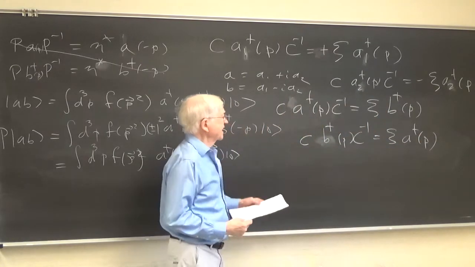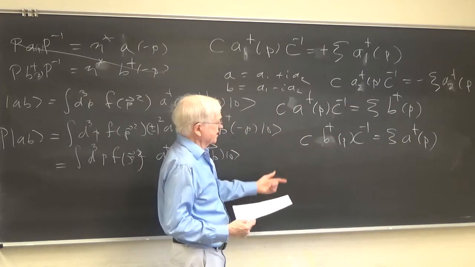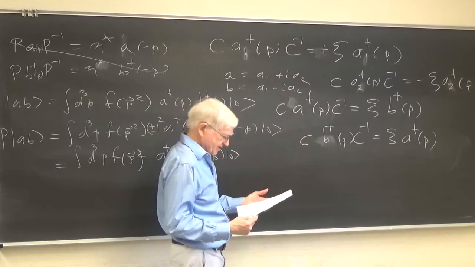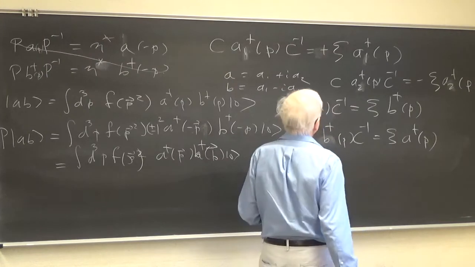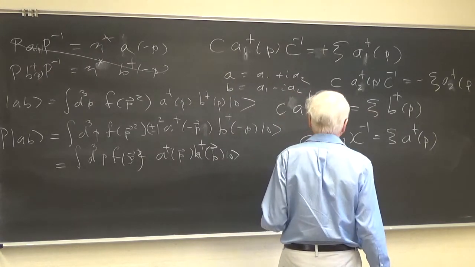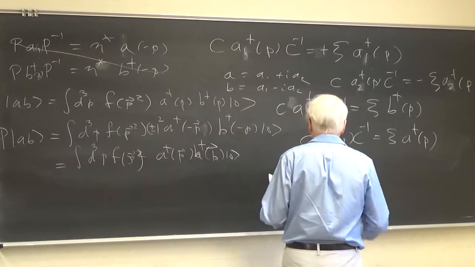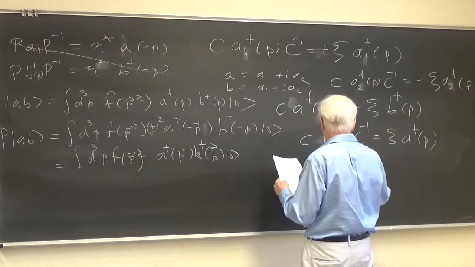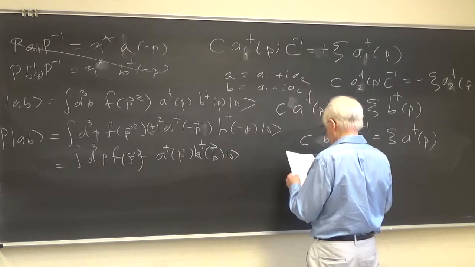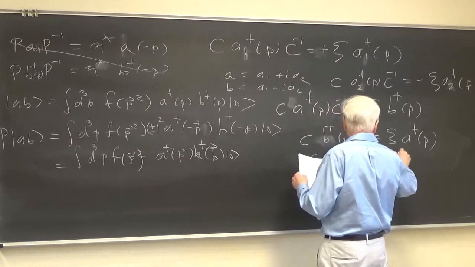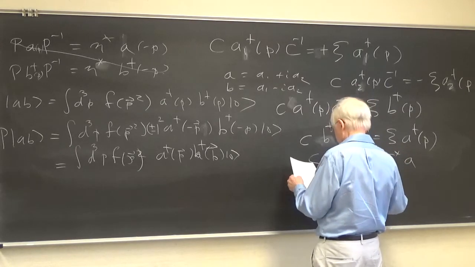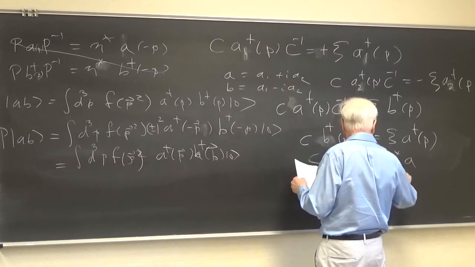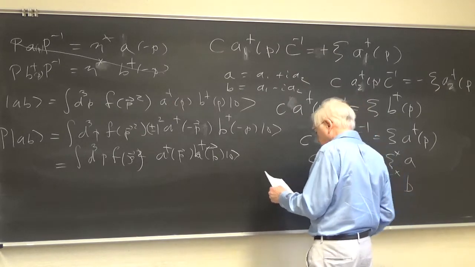So A dagger and B dagger go into each other under charge conjugation with the same phase, and C A C inverse is C star A, and C B C inverse is C star B.